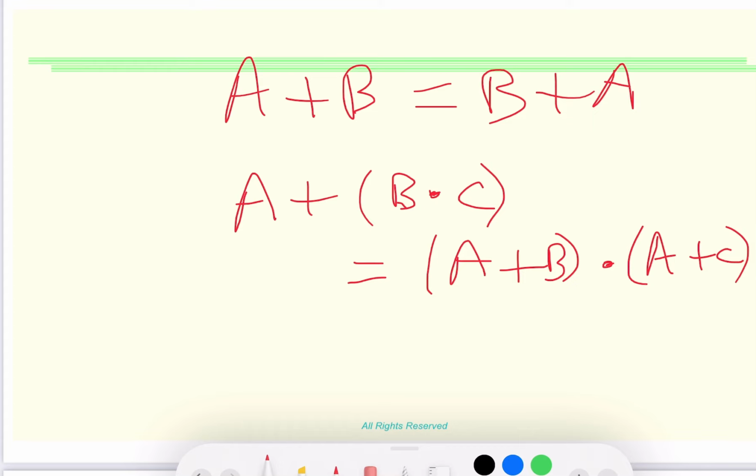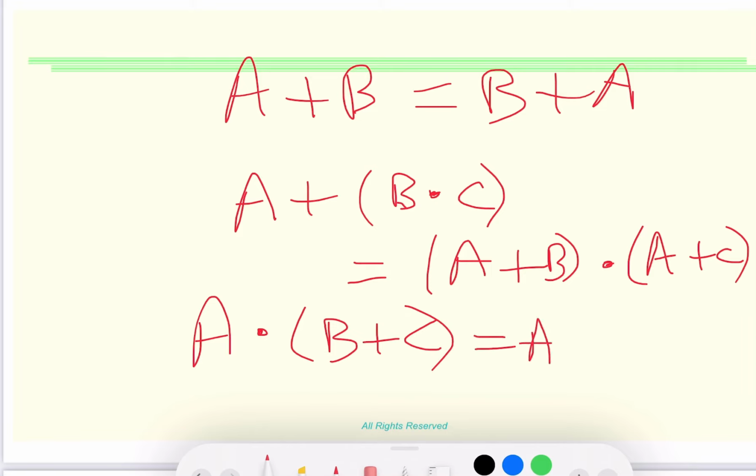In a similar way, if I have an input which is ANDed with an OR of two, that can again be written as the AND of two inputs, ORed together, so A is applied on both of those.